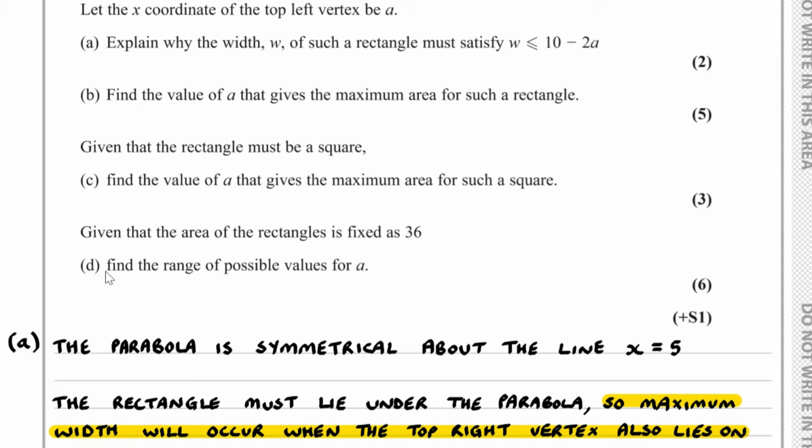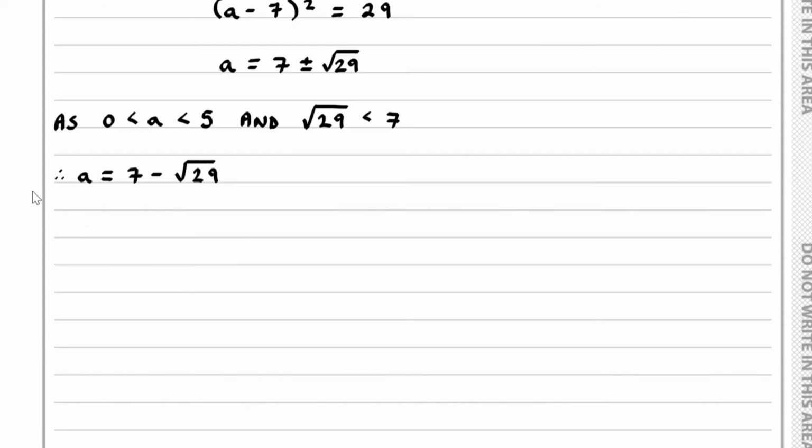Now for part D, given that the area of the rectangle is fixed as 36, we have to find the range of possible values for a. So for part D, if the area is 36, then W is equal to 36, the area, divided by 1/2 a multiplied by 10 subtract a.